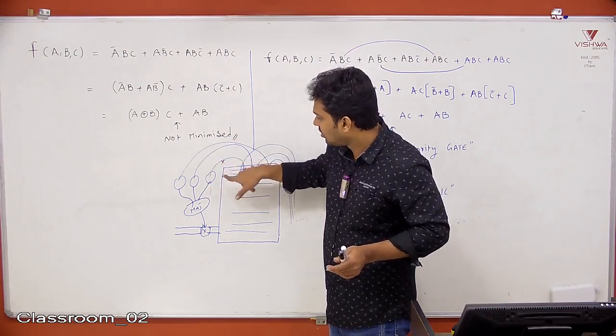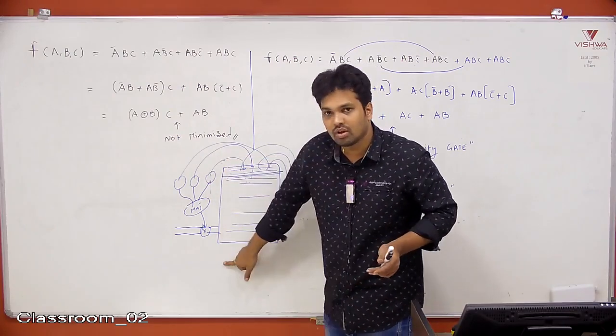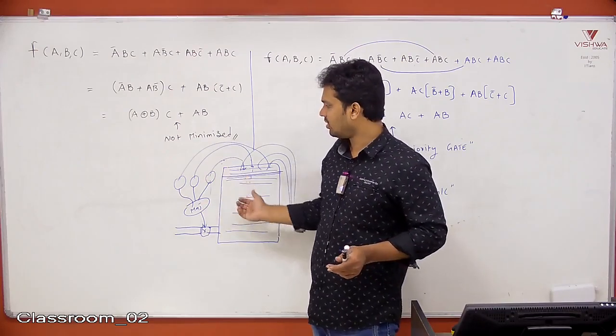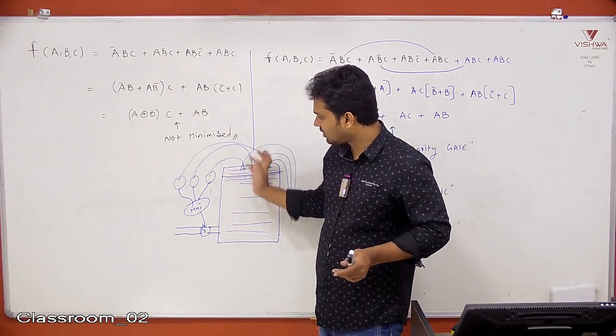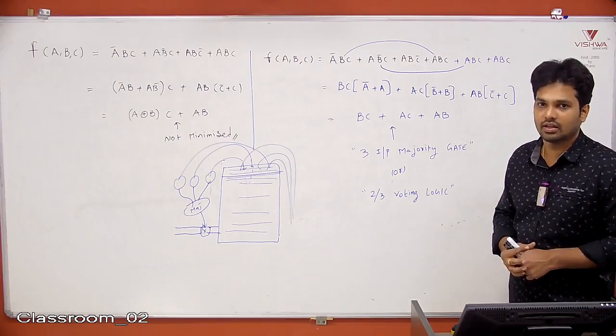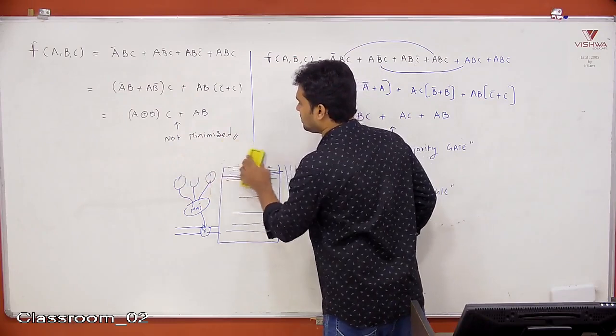Out of the 3, if any one of them has gone wrong, still it will give you operation properly. They can check periodically, but this is the industrial application where we use this majority gate logic. No need to copy this part, just copy the solution.